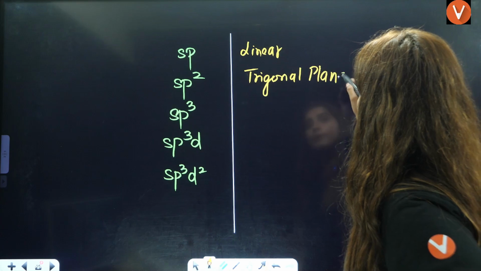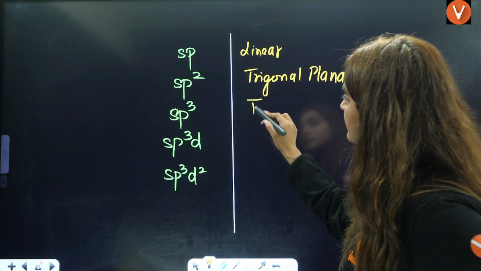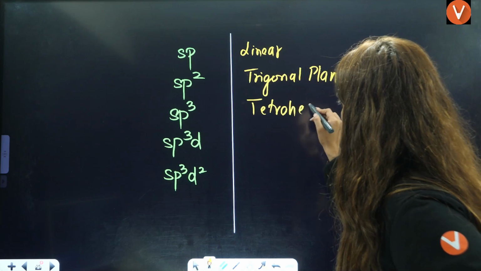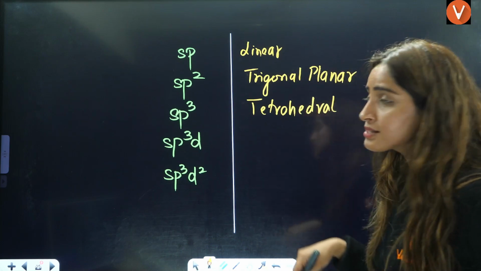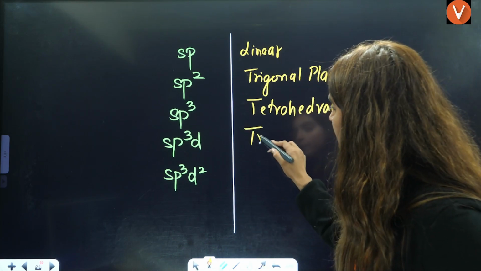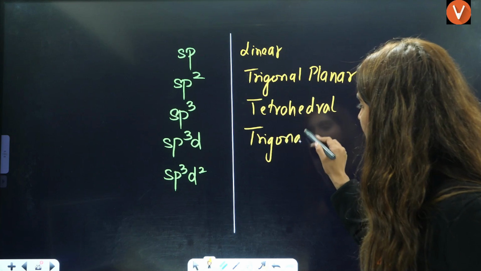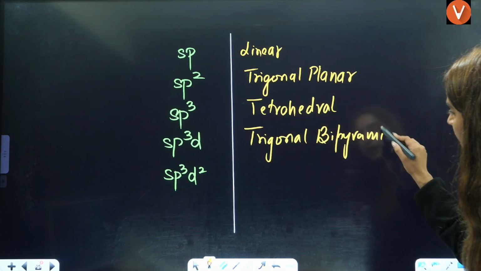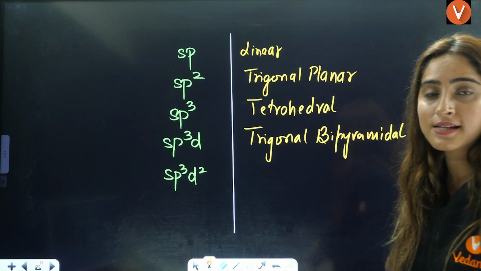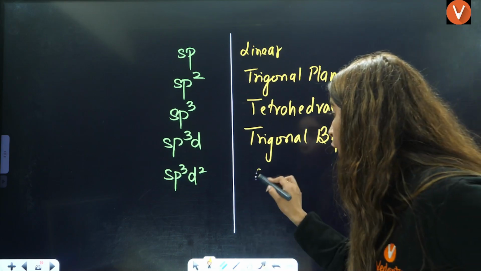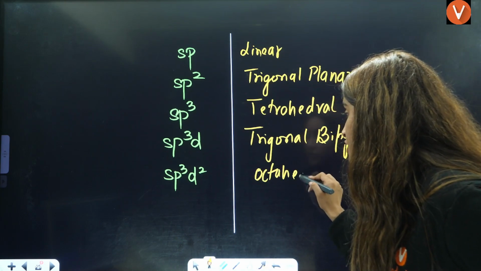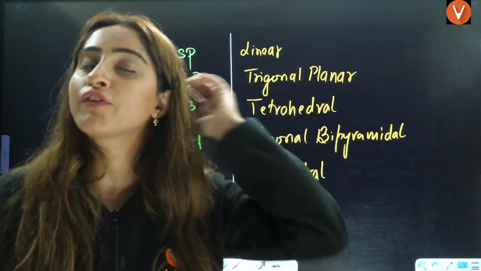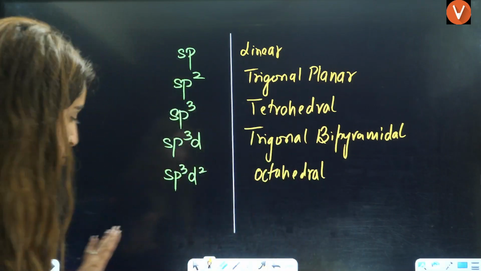This is what you have to remember from hybridization. Then this is tetrahedral. Next is trigonal bipyramidal. Next is the last one, everybody: octahedral geometry. Now, from this table, we are going to solve the questions.